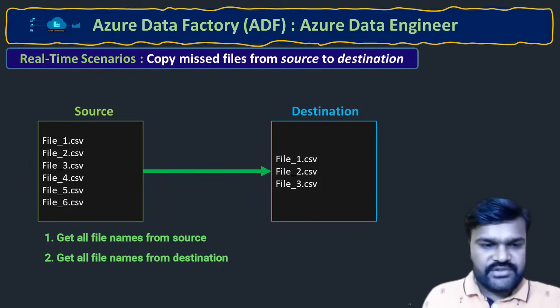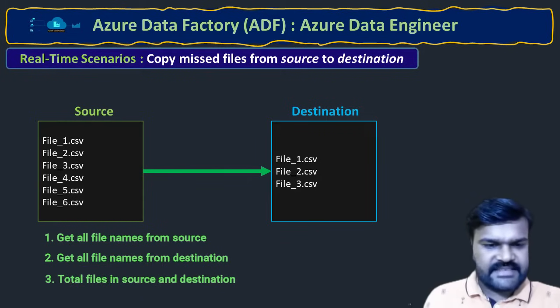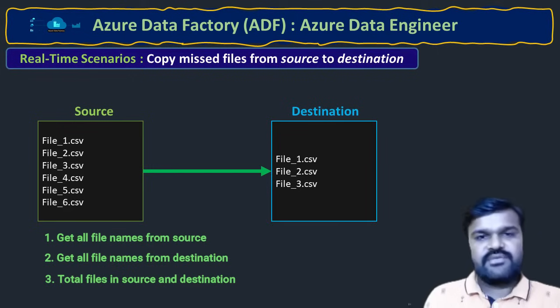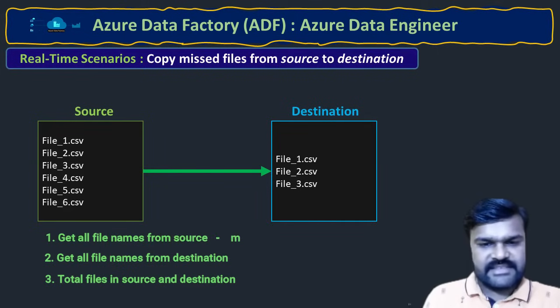After that, we should count the total number of files in each, source and destination. For example, total number of files in source is M, and total number of files in destination is N. Then how do we know some files are missed?